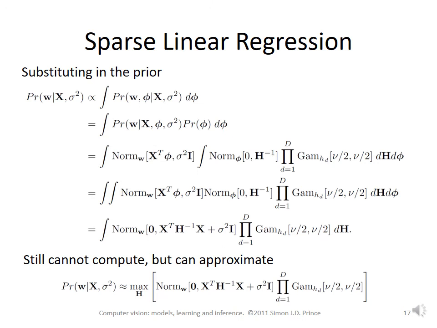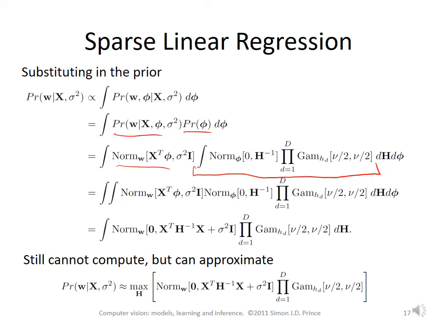So we've got that prior for our model, and that represents this part of our equation when we come to do inference. When we're doing inference, we're looking at our model prior, and we're looking at our likelihood term here, which is a normal distribution on w given our parameters.